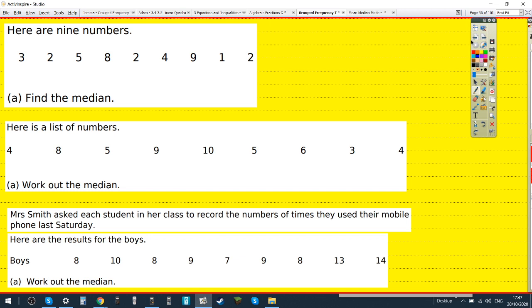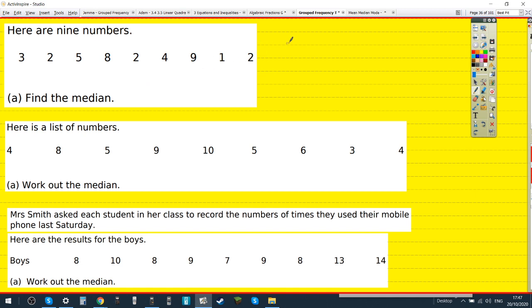Okay. Median of these top 9 numbers. You would think so, because it's in the middle, but they're just in a random order.